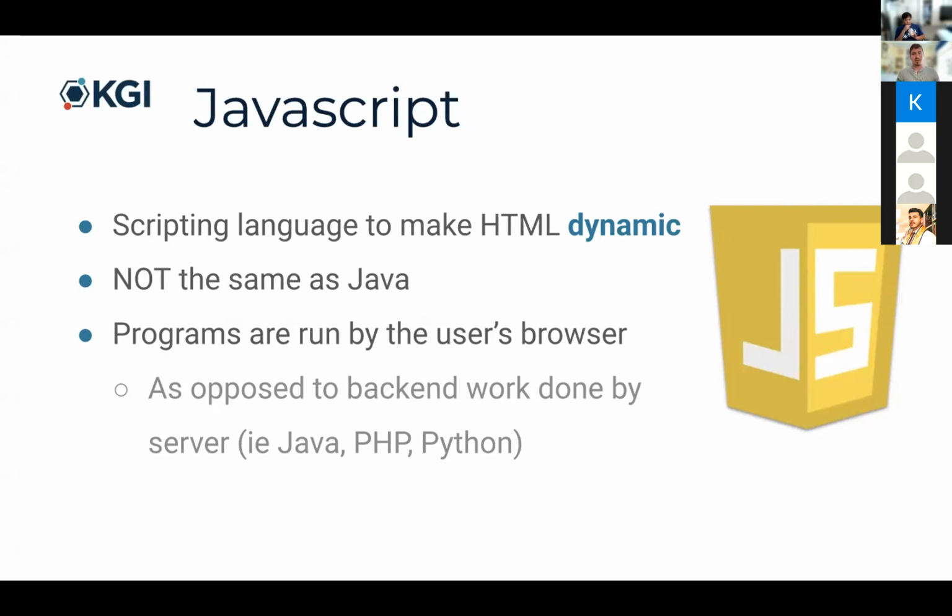Those backend languages are typically done on the server level, which means they're completely invisible to the user themselves. They just do work on the backend to maybe interface with different APIs or different databases, and then use whatever they come up with to display interesting content on screen.